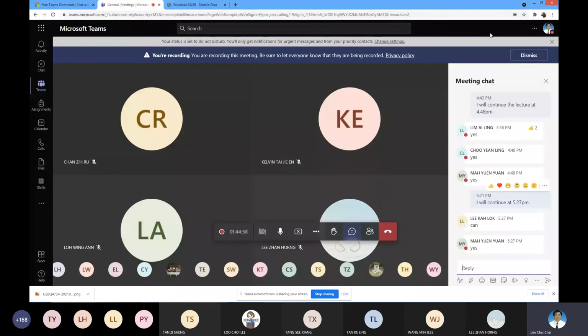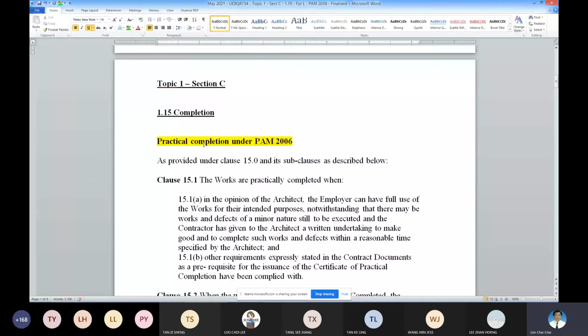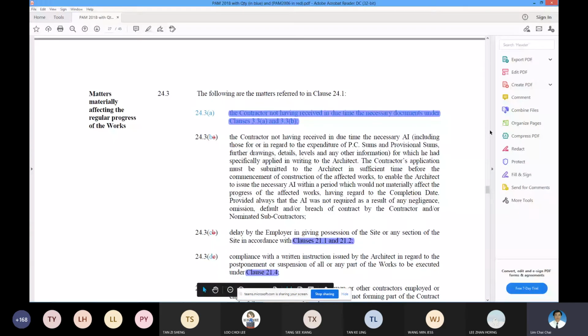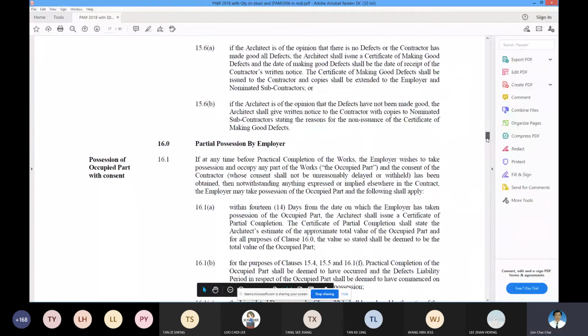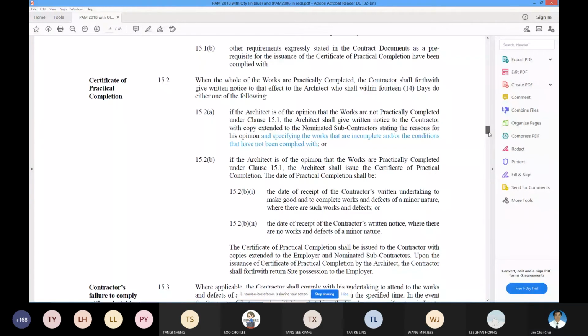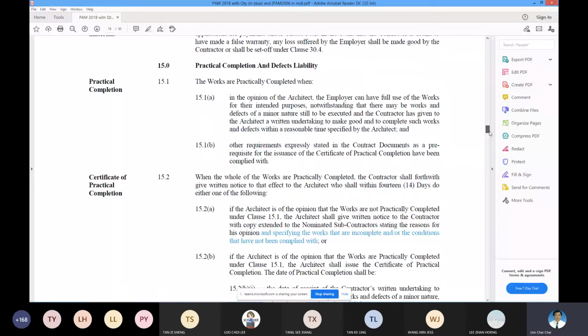Yeah. So under completion, you must understand clause 15 well. Okay, these are the few clauses that you need to remember. Completion. After the completion already, the commencement of the defects liability should start.